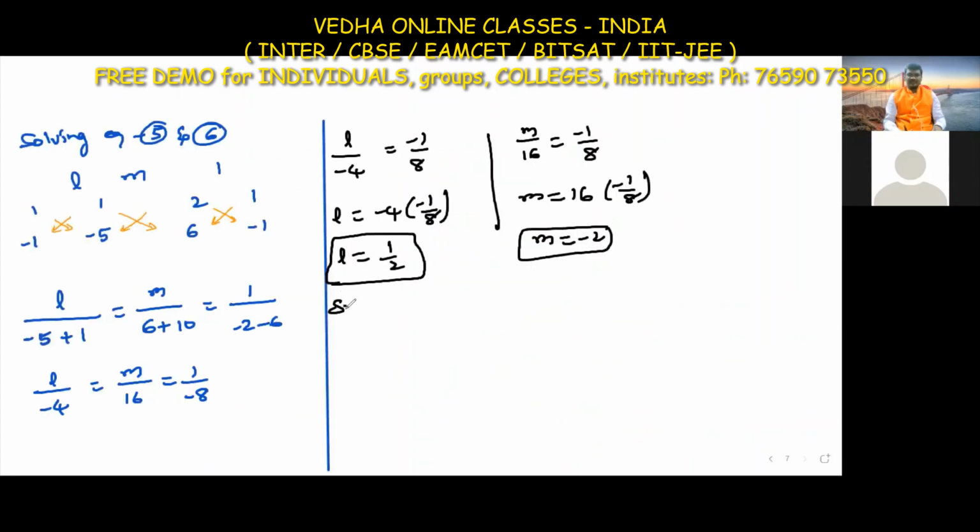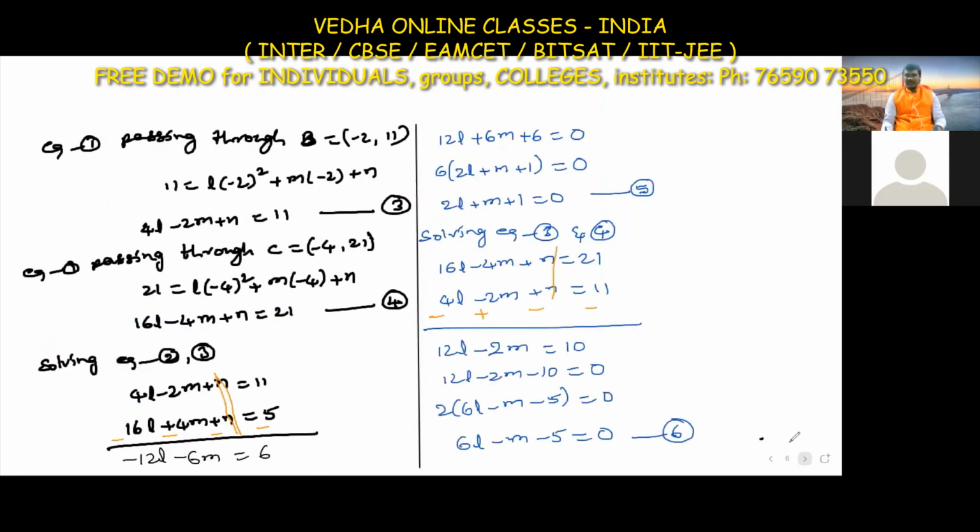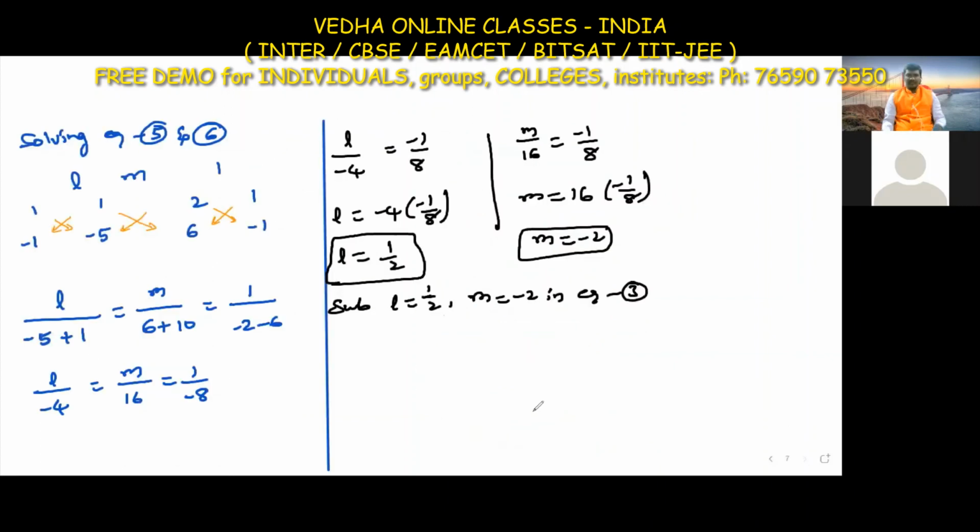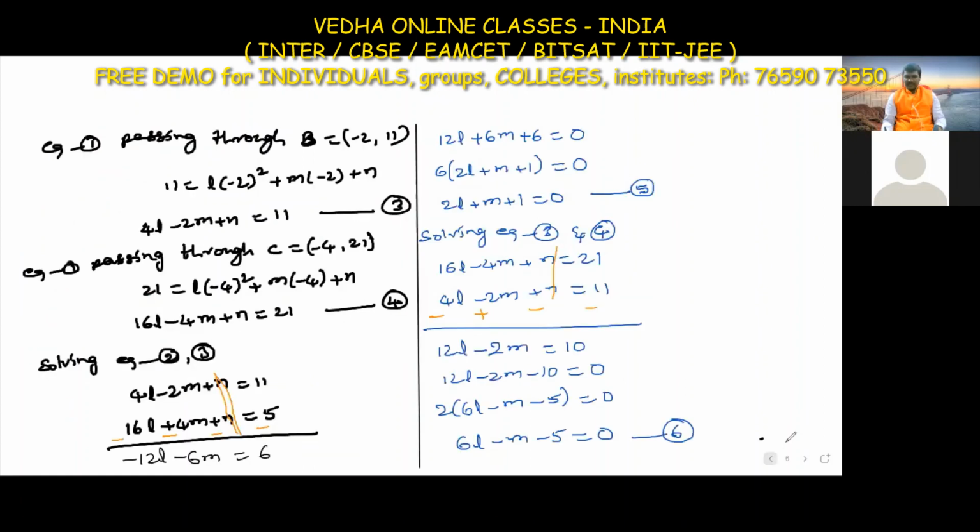So substituting L equal to 1 by 2 and M equal to minus 2 in equation 3. What is equation 3? 4L minus 2M plus N is equal to 11.